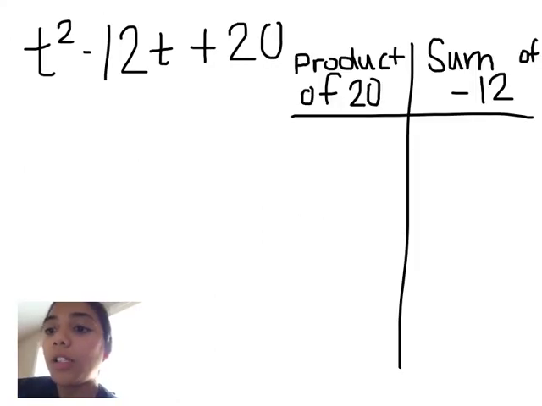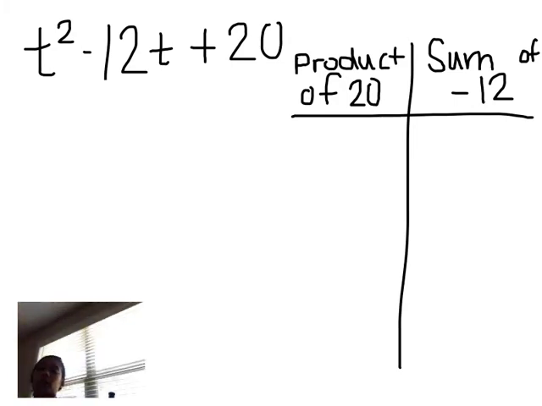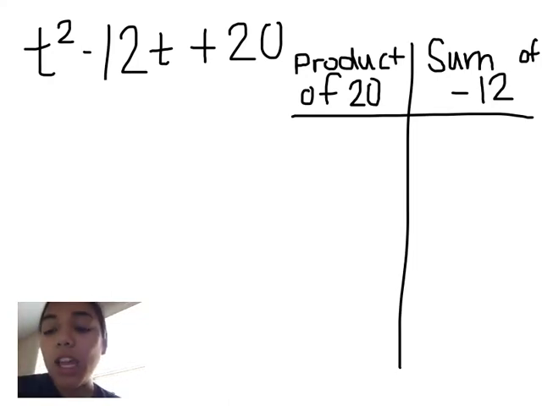Alright, so product of 20. It's a positive, and it could be a positive times a positive, but you also have to think that there's going to be a sum of a negative number. So that means I need to be doing a negative times a negative, because a negative times a negative will give me a positive, and a negative plus a negative will give me a negative.